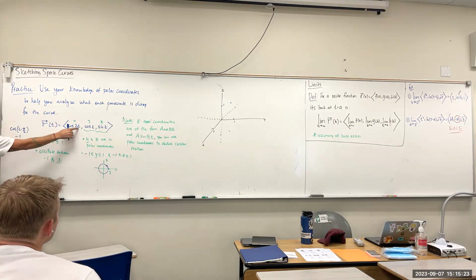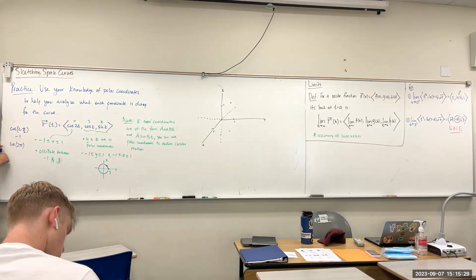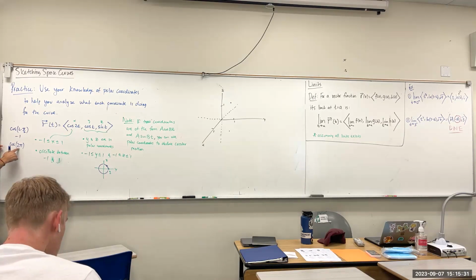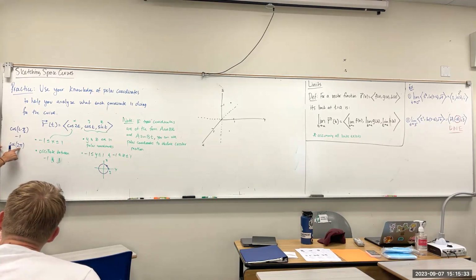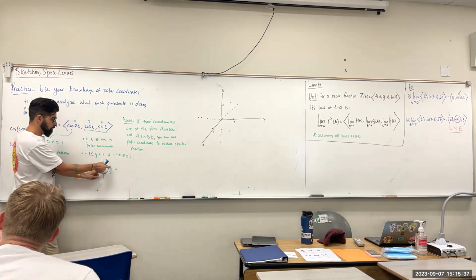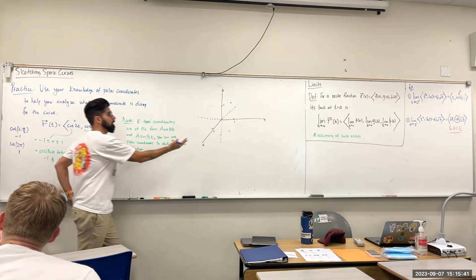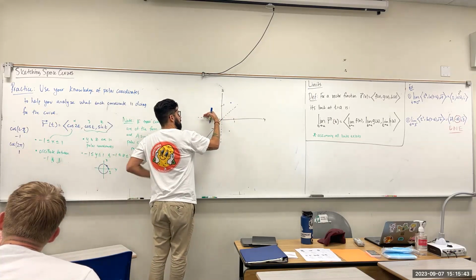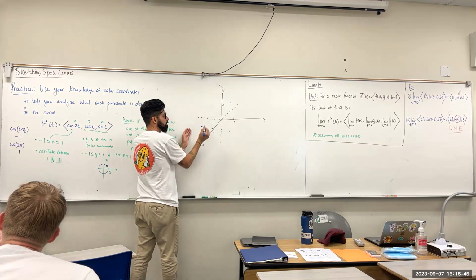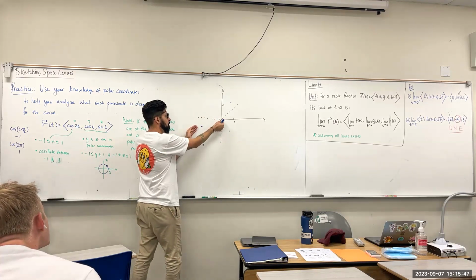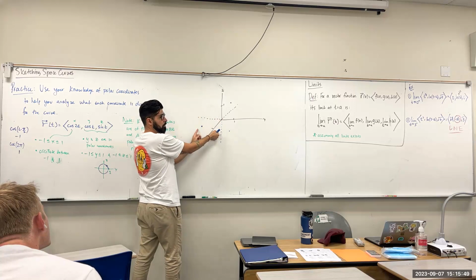What happens when t is pi? What's cosine of 2 pi? 1, right? So now we're here at pi, but x is 1 again, so it went here. It's like the circle has been rotated like this.